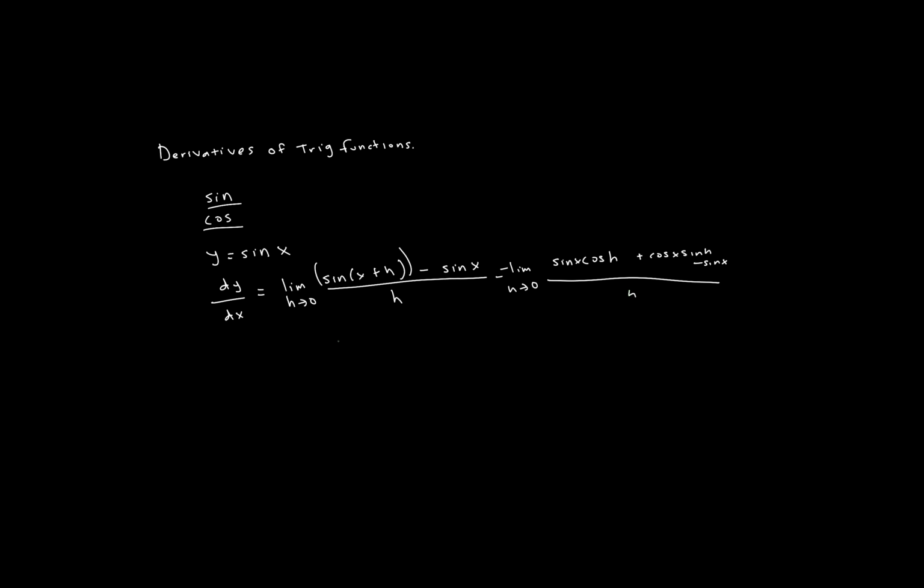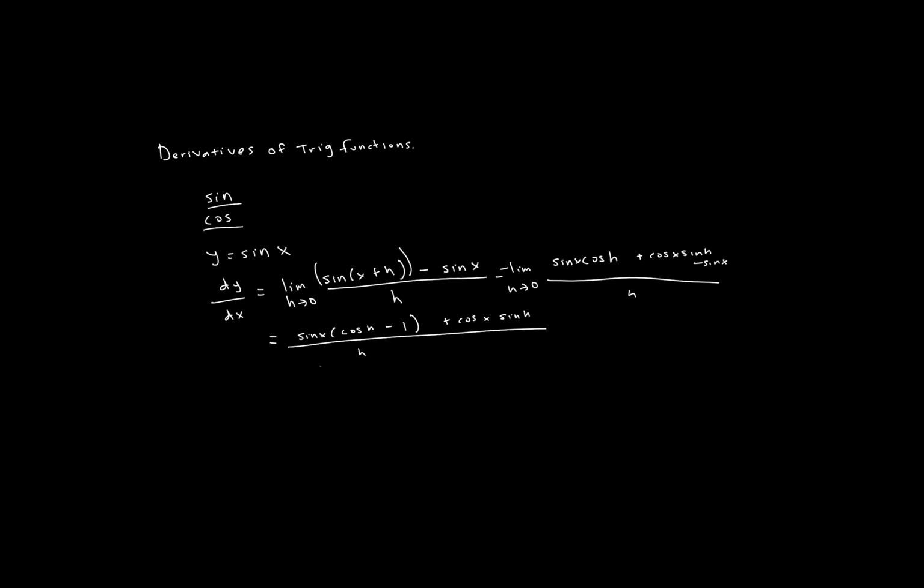If we keep simplifying this, taking sine x common, I have sine x times (cosine h minus 1) plus cosine x times sine h, all divided by h, right?